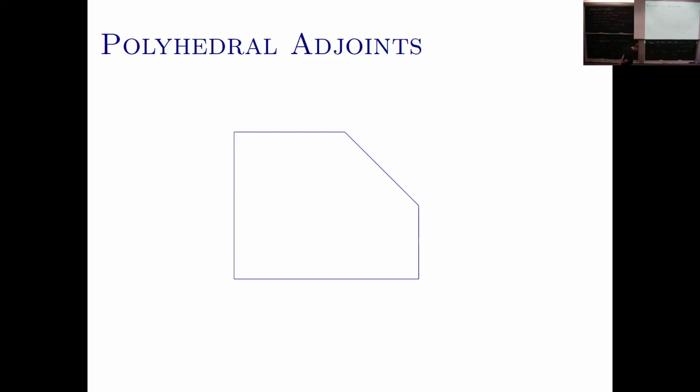Okay, so here's a polytope, and in adjunction theory in the minimal model program, we take a polarized variety. There's a polarized variety for you, and you start adding the canonical divisor to your divisor and see what happens.